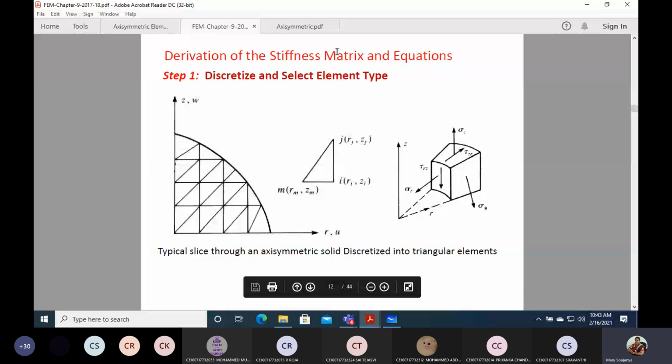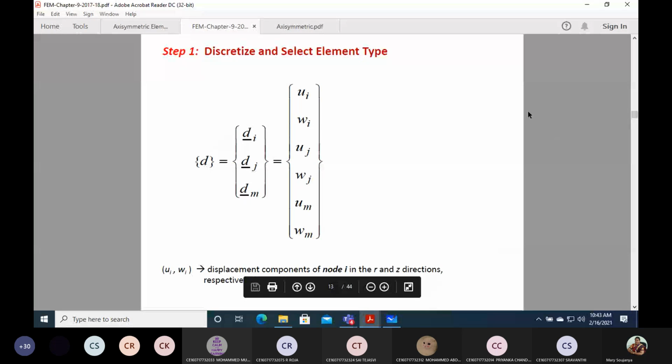So step one, when we are trying to find out the stiffness matrix equations, is to discretize and select the element. We have selected one of the triangular elements from the whole discretized structure. Now the displacements with respect to the element: at node I we are going to have u comma w, one in the r direction and the other in the z direction, at node I, node J, node M. In x comma y, it is u comma v.